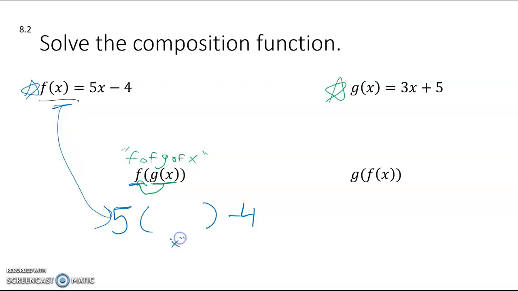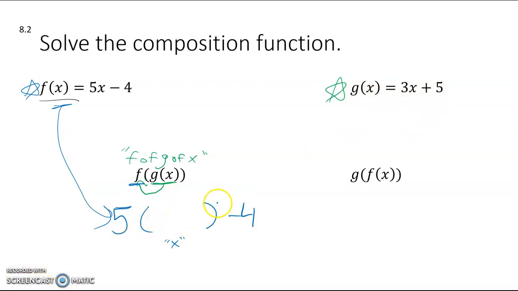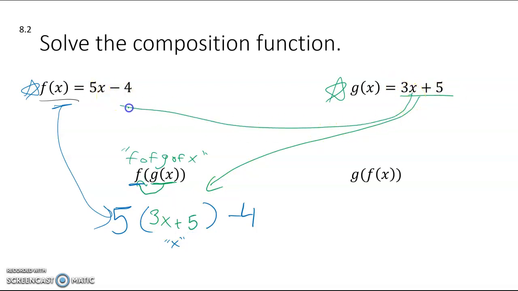This is where my x would be, but because it's g inside here, I'm going to plug in this equation 3x plus 5 for this parenthesis right here. Again, color coordinated, I'm going to take this 3x plus 5 and just plug it in right there. This goes into this x right here.